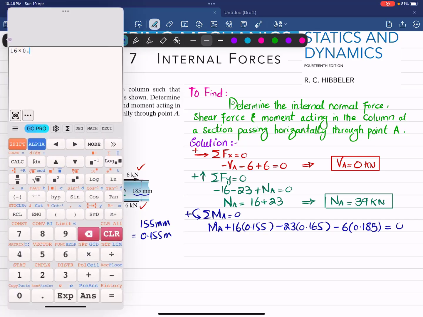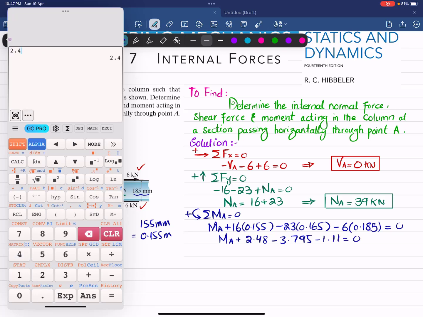16 multiplied by 0.155 is 2.48, minus 23 multiplied by 0.165, this is minus 3.795, and minus 6 multiplied by 0.185 is minus 1.11, is equal to 0.